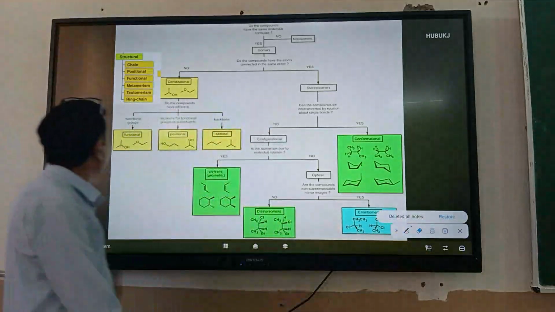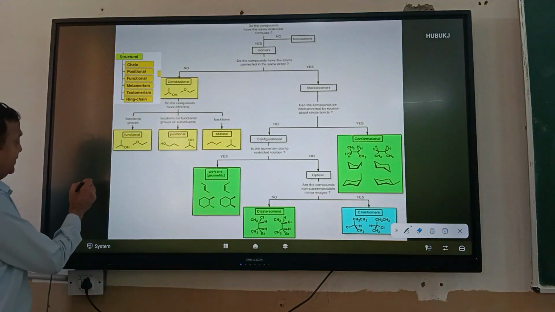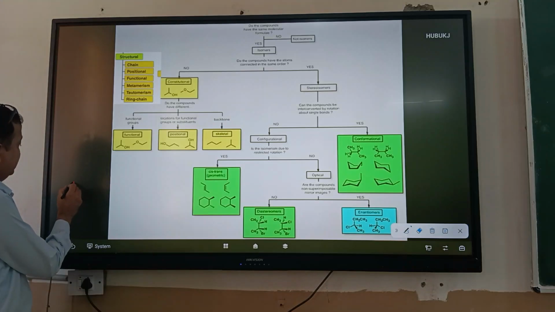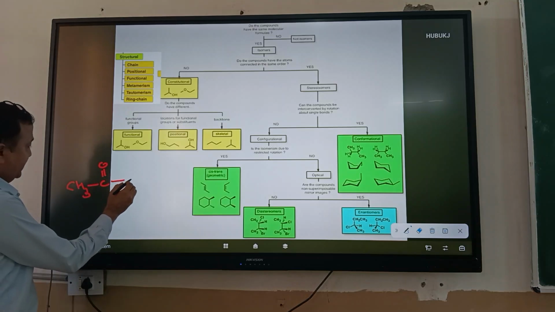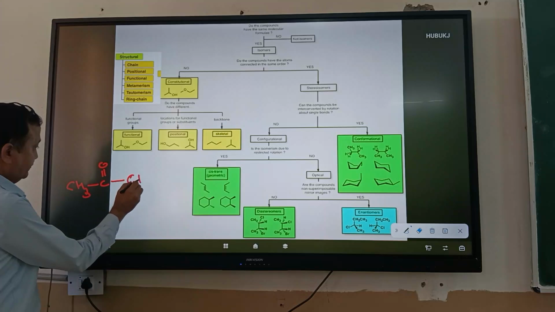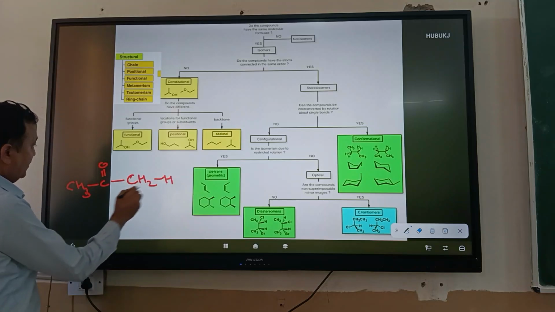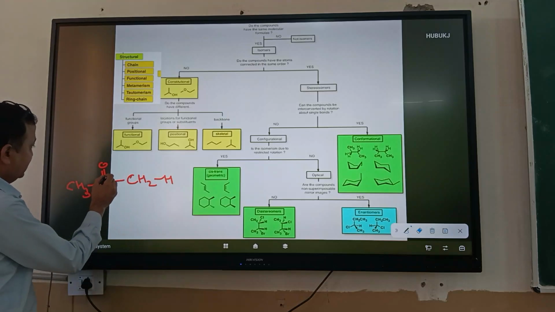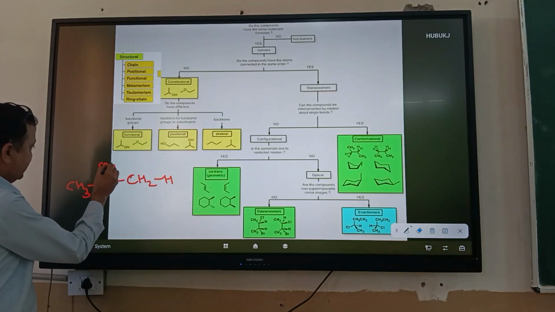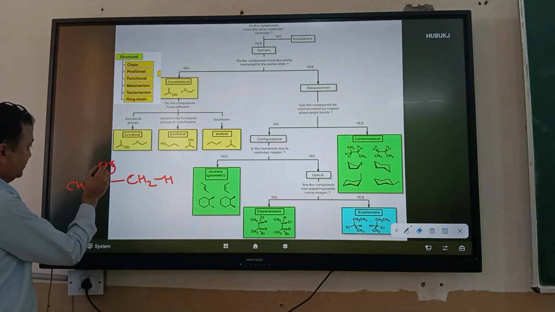Next are the tautomers. Tautomers are the keto-enol forms. It means there will be the ketone and there will be the enol. Methyl groups are on both sides. What happens here? The electronegativity of oxygen is higher, so this pi bond moves onto the oxygen.